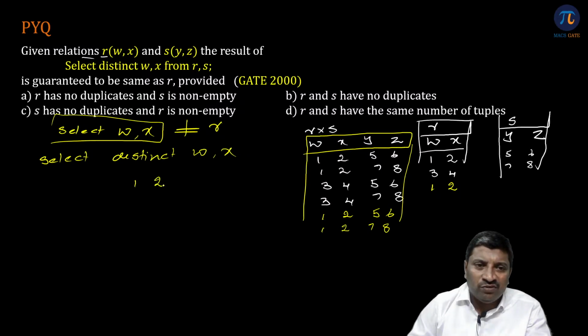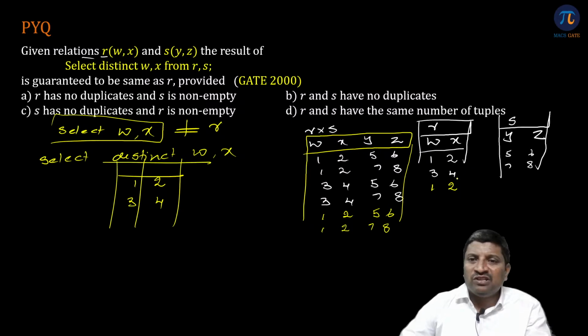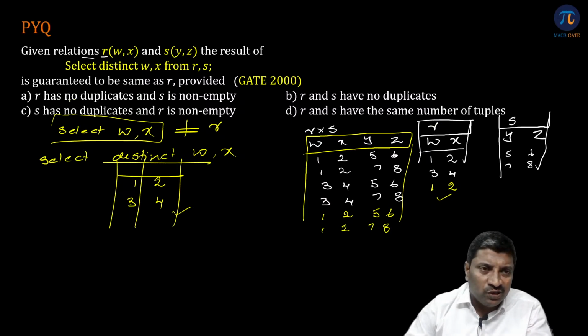I will get only 1 2 3 4. But the original is having 3 records, and this is having only 2 records. So compulsorily R should not have any duplicates.